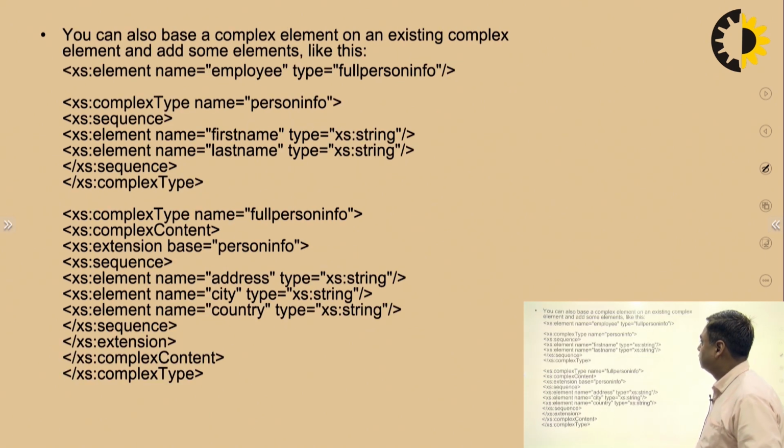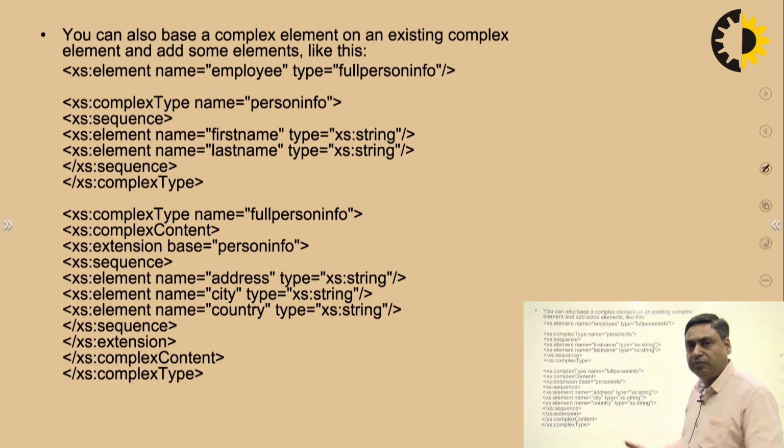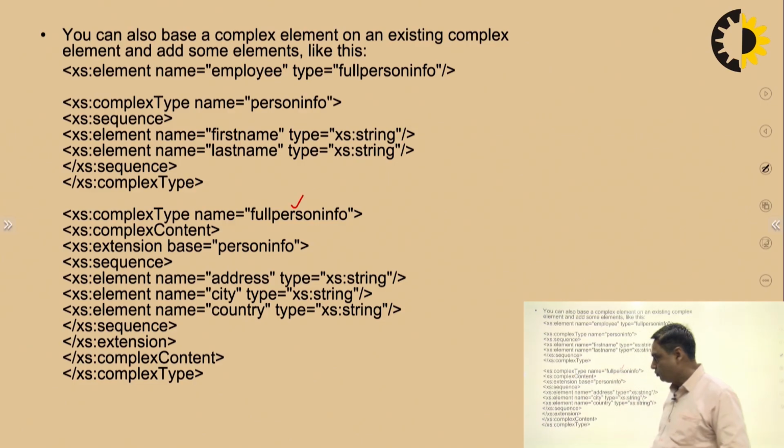Second, suppose we have defined a user defined person info. I want to add some other elements, like you want to extend this person info. What is the way to extend it? So we extend, again we define a complex type full person info, and we want to add address, city and country, and before the address, city and country we want the first name and last name.